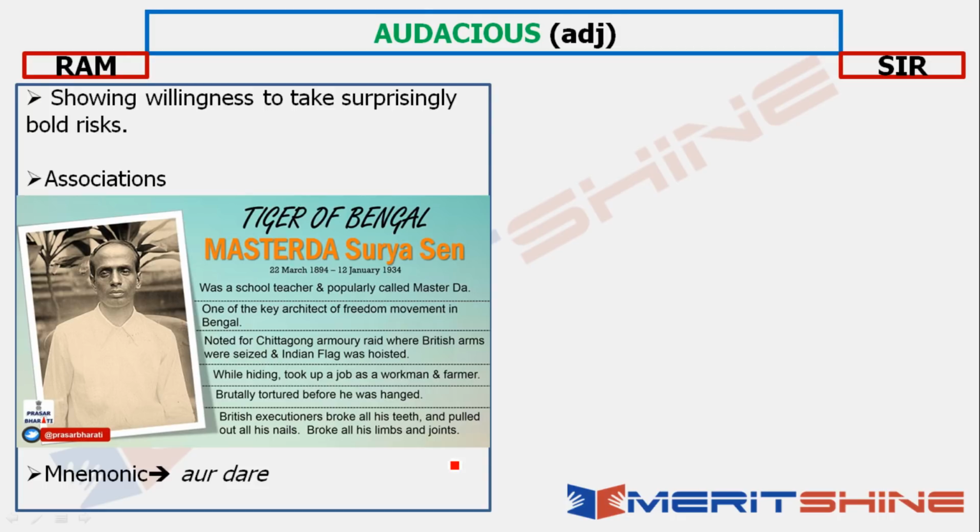Now, Surya Sen, what to say about him? He was a teacher. His history lessons made him a popular leader in Chittagong district. Now it is in Bangladesh. He was lovingly called Master Da.